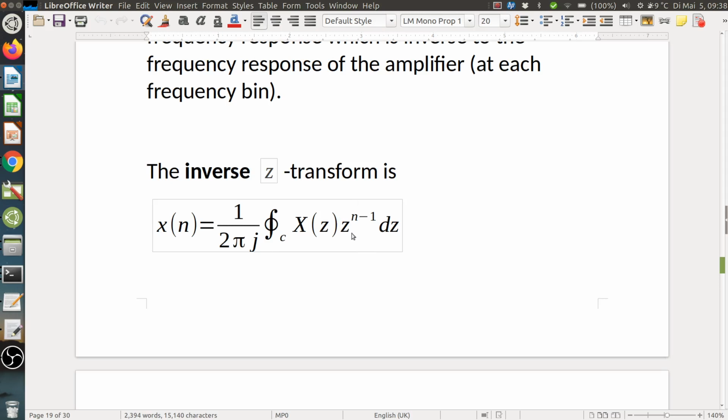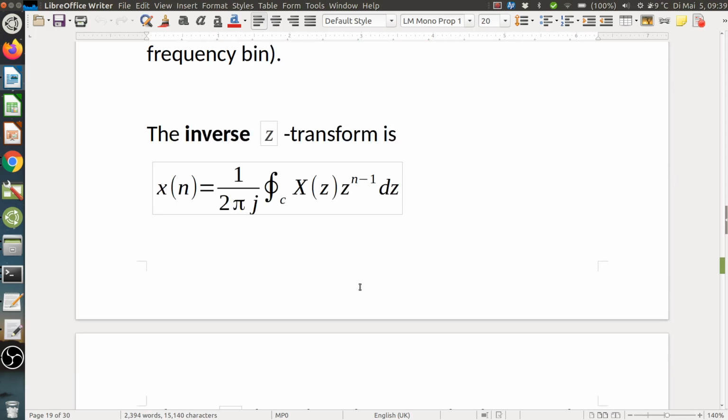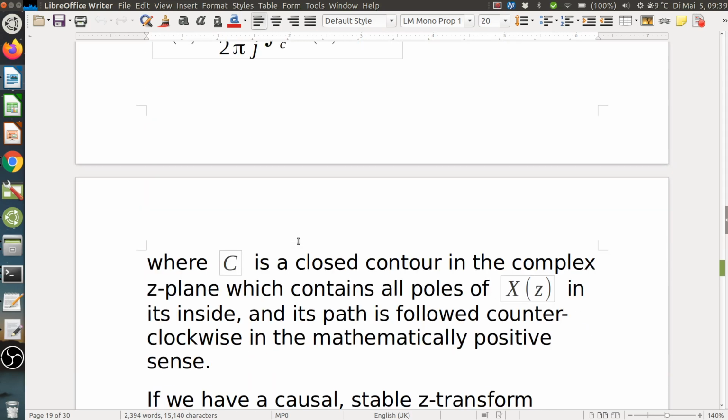Again, we have z to the something, so here we have z to the n minus 1. This minus 1 is different from the forward transform, and also the sign of the exponent is plus instead of minus. And then we have this factor 1 over 2 pi j, right? So 2 pi is the normalization, and j, yeah, basically 2 pi j. So it looks quite different from the forward transform.